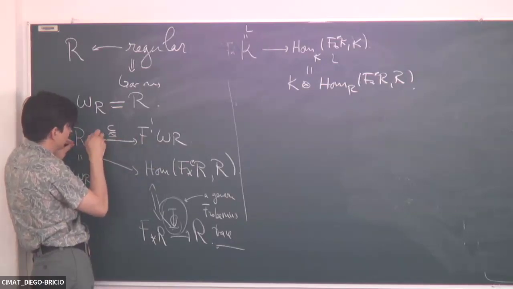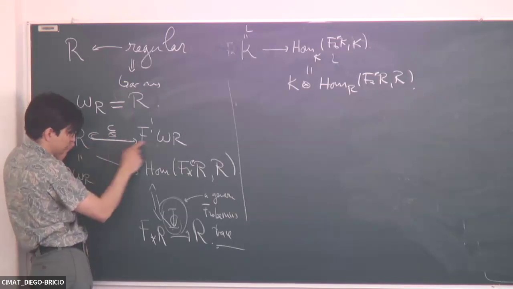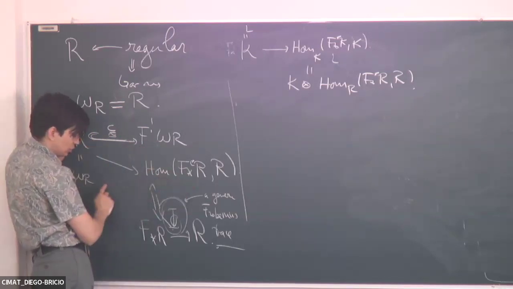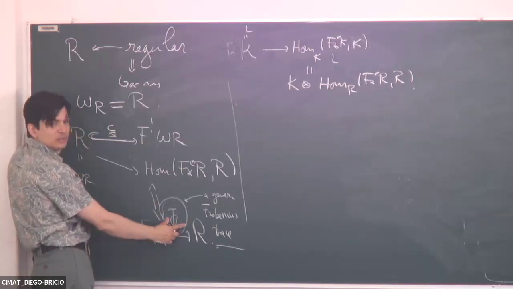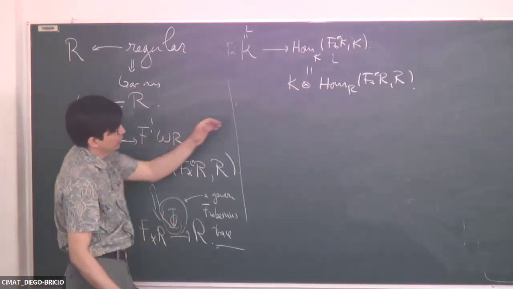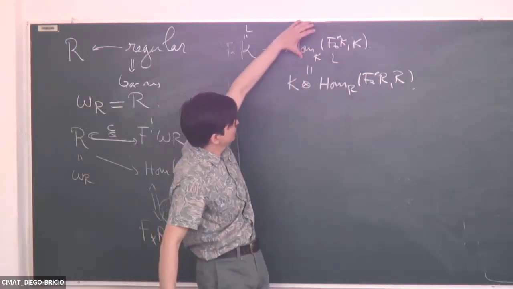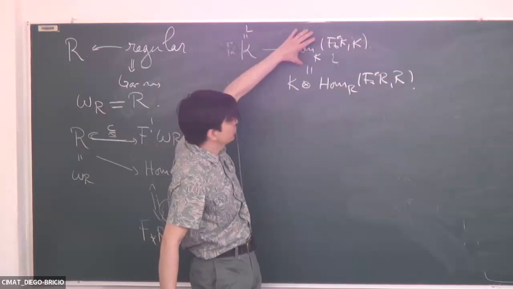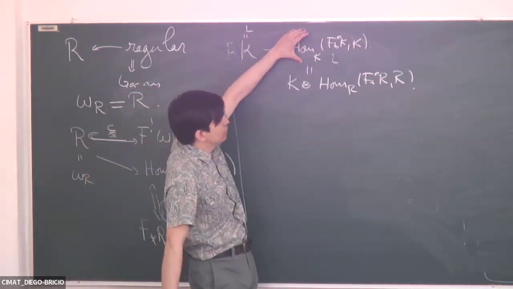What I'm trying to argue is that I can find an injection, and that injection boils down to, since this thing is just that, I have to send 1 to some phi, but that phi has to be generically non-zero for this to be injective. And so what I'm going to do is look at what is happening generically, and I get this equation. I can just localize to the field of fractions, and in there I can find a non-zero element.